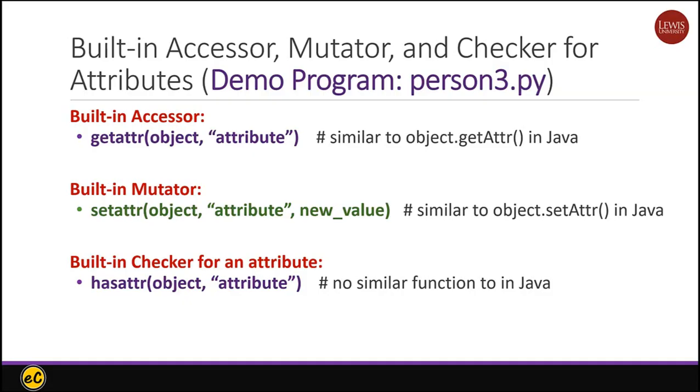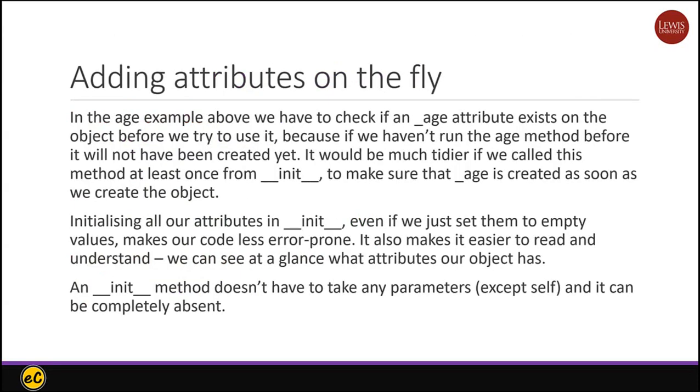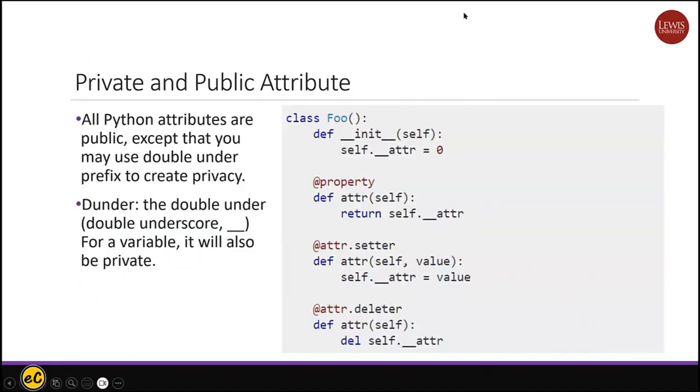So you may have getattr or setattr to get an attribute from a certain object, a certain data field or property. So getattr and setattr are the built-in standard accessor and mutator. You don't need to write the getter or setter to do it. And these two actually are function generators.